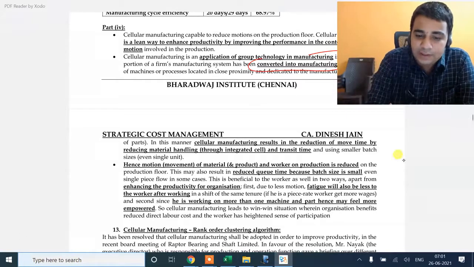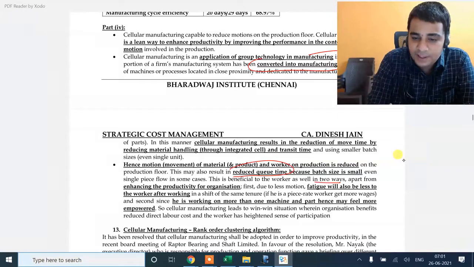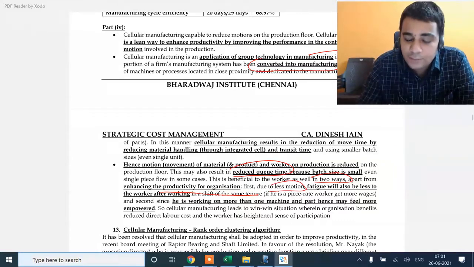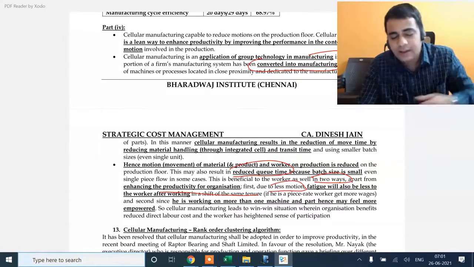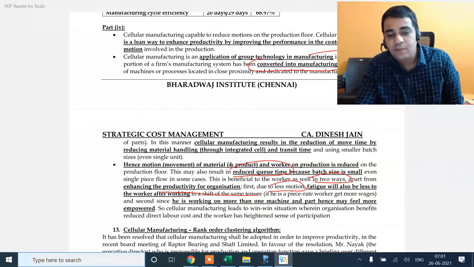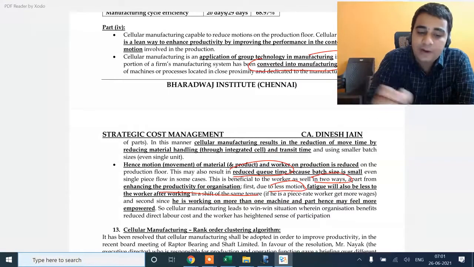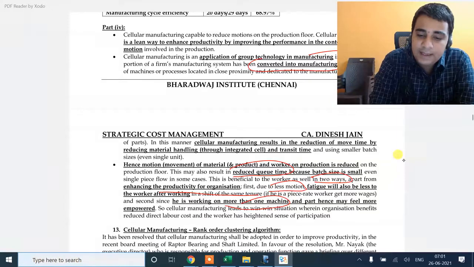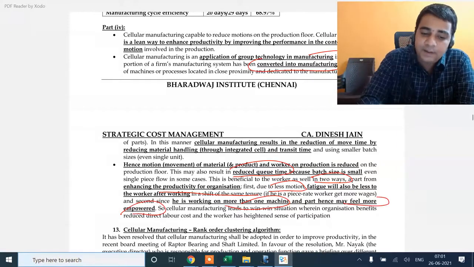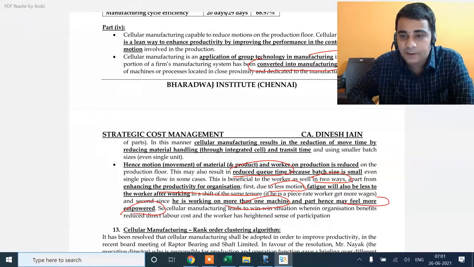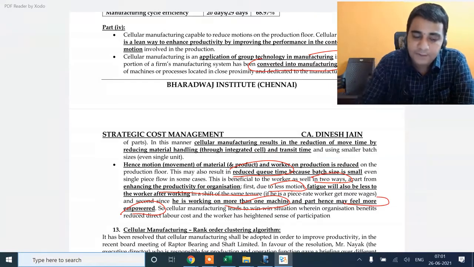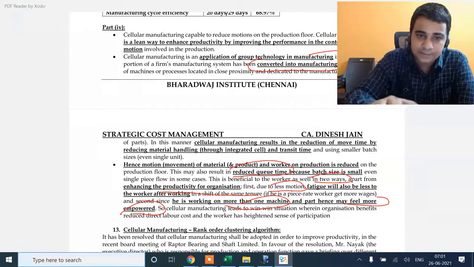This will lead to reduced queue time, beneficial in two ways: enhancing productivity due to less motion, and fatigue will also be less for the worker after working a shift of the same tenure. In fact, his productivity will be more. He will be working more on productive things, and if he's a piece rate worker, he'll start getting more wages. He will also be working on more than one machine and will feel more empowered. So that's the benefit of cellular manufacturing. Any doubts on this?